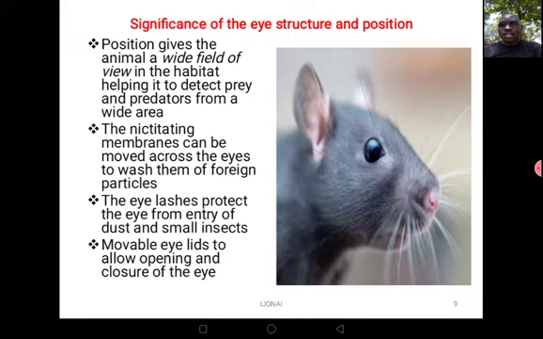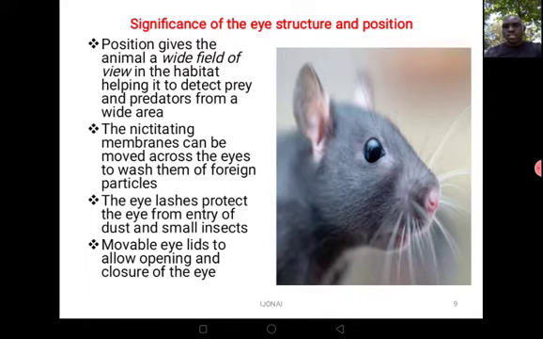And then we have the significance of the eye structure to the position. We say they are dorsolaterally located. Is that significant? Yes. This gives the animal a wide field of view in the habitat, helping it to detect the food, the prey, but also to detect the enemies, the predators.